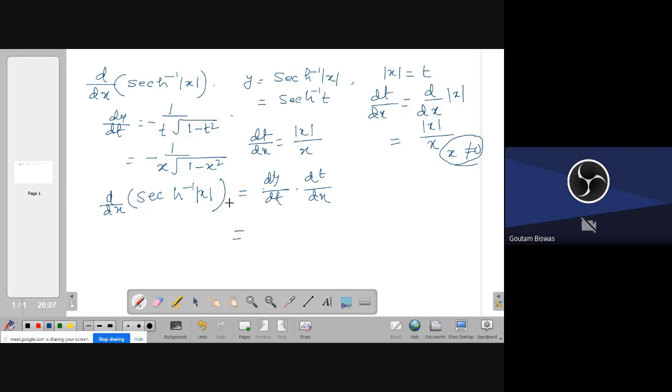What is dy/dt? It is minus 1 by x after transforming, into mod x by x. Now you just simplify it, you will get the result. So don't forget to write down this line. If you forget it, the result is like this, then you will get a nice 0 in your answer, a nice 0.